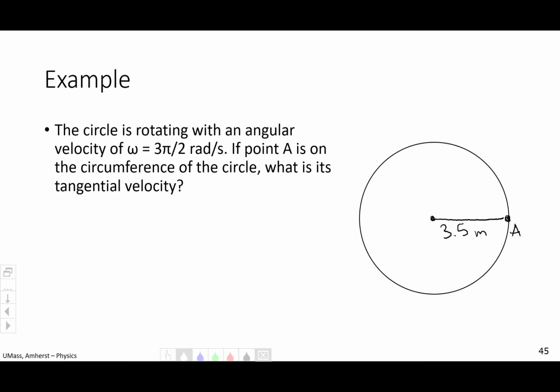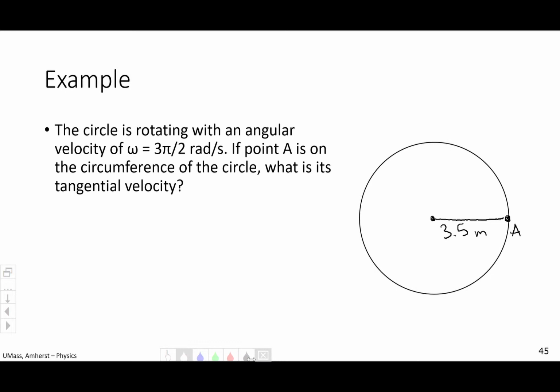All right, so if a circle is rotating with an angular velocity of omega equals 3 pi over 2 radians per second, point A is on the circumference of the circle of radius 3.5 meters. What is its tangential velocity?